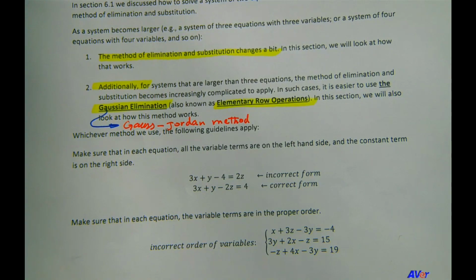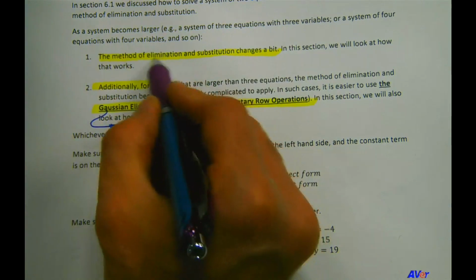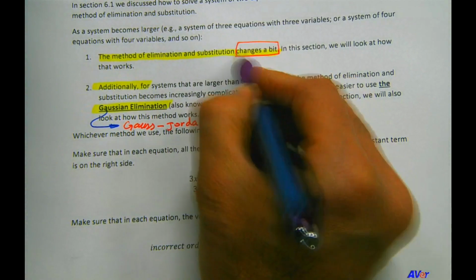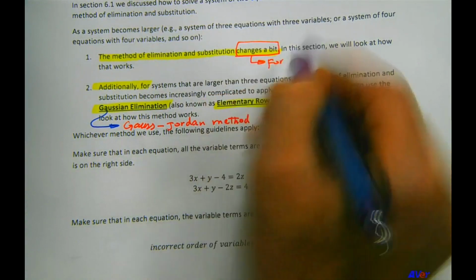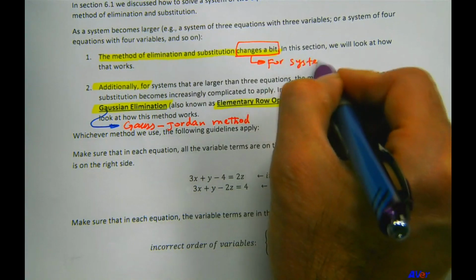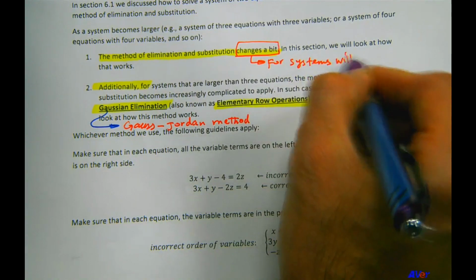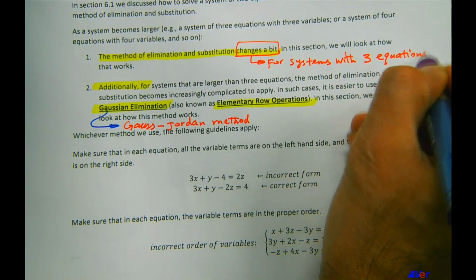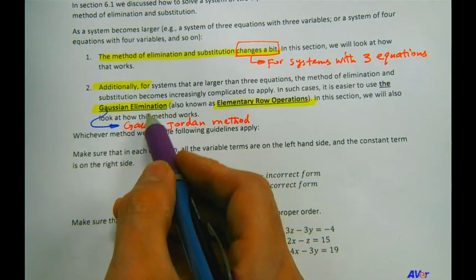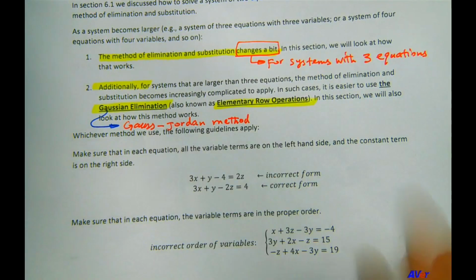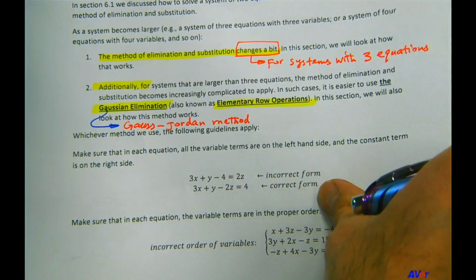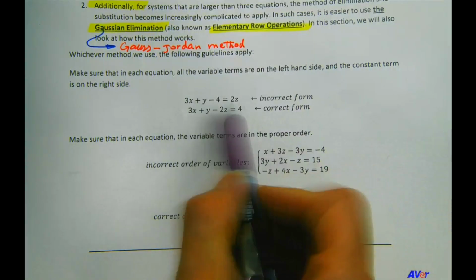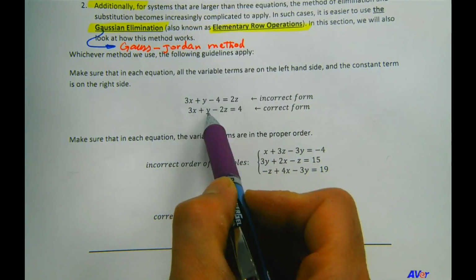Okay, no matter which method we use, if we use the method of elimination and substitution, which, by the way, changes a bit for systems with 3 equations, or if we use the Gauss-Jordan method, there are certain things that must be the same regardless of which of these methods we're using. And that's that all these variables must be in order, x, y, z.